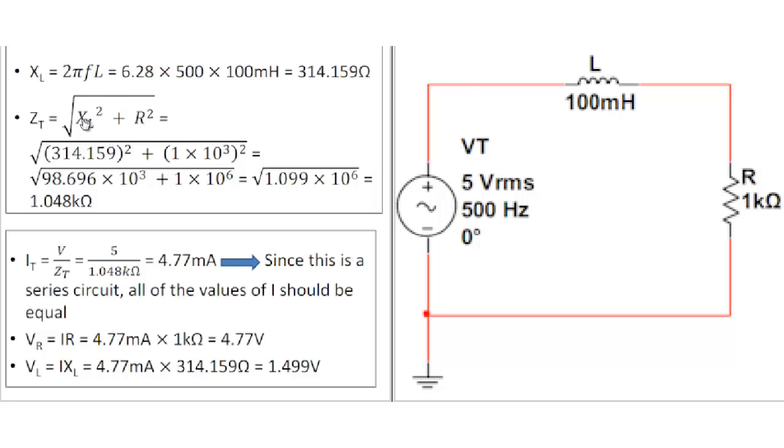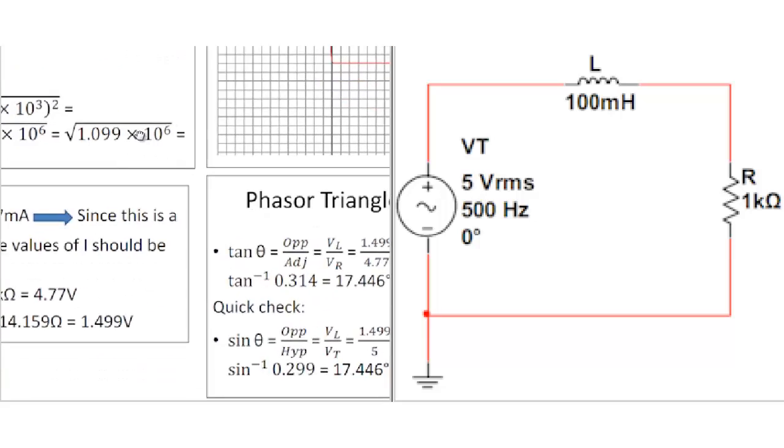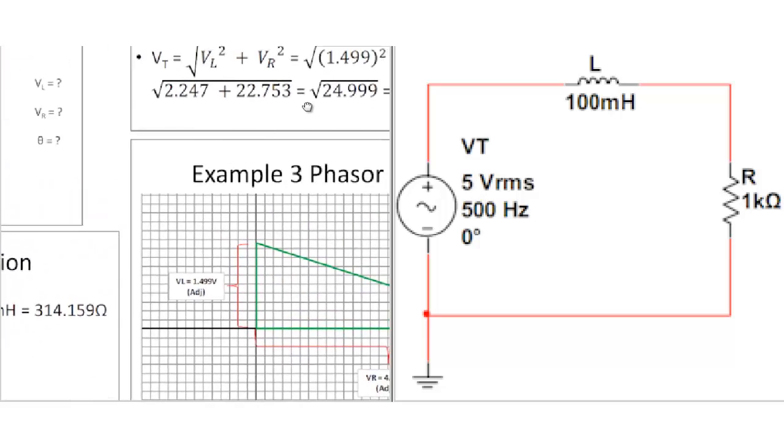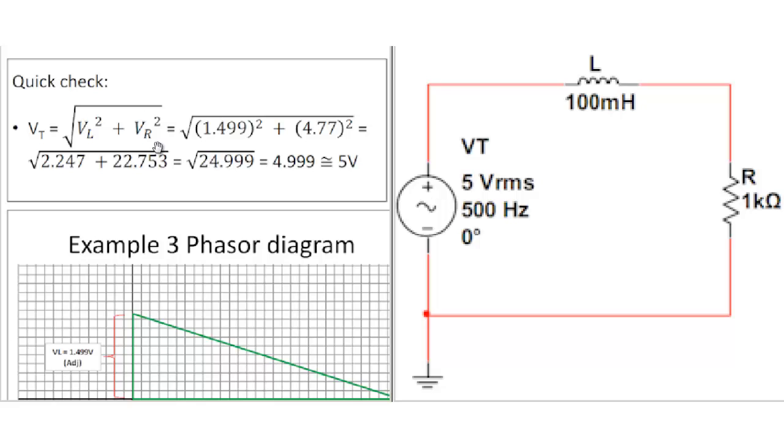You plug in the constituent values, in this particular case the impedances, to find the total impedance. You can also do the same thing to find the total voltage, but we already know what the voltage is. But nonetheless, they do that over here. It's a form of a quick check.